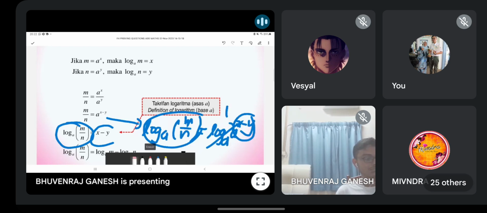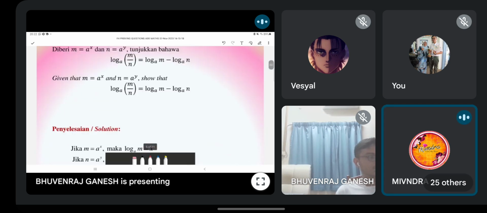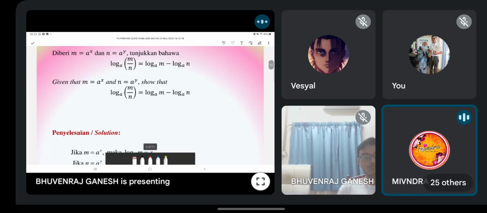So now Mirindra. Yang untuk soalan ni konsep dia sama macam tadi untuk plus and darab. Sekarang bahagi dengan tolak lah. Masih sama, jadi gantikan je nilai. Macam m per n sama dengan ax per ay.